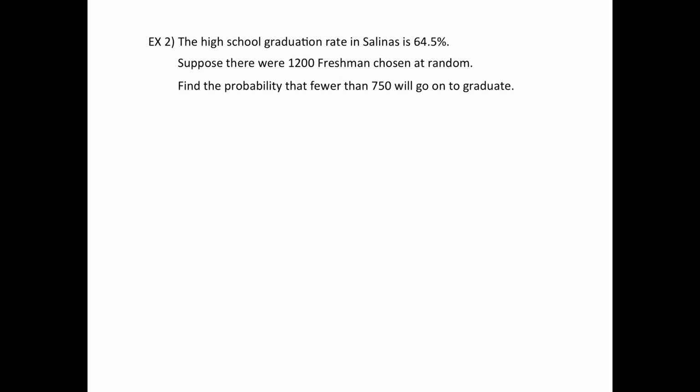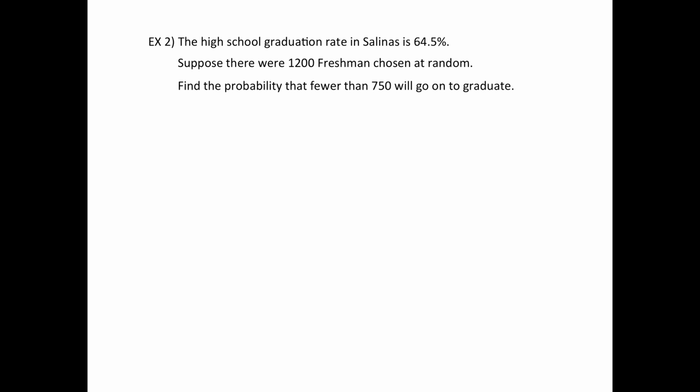Let's try one more. According to what I just Googled, the high school graduation rate in Salinas is 64.5%. There are, I believe, 4 public high schools in Salinas, so it's saying when you look at all 4 of them together, it's a 64.5% graduation rate. Now suppose there were 1,200 freshmen out of those high schools, chosen at random.